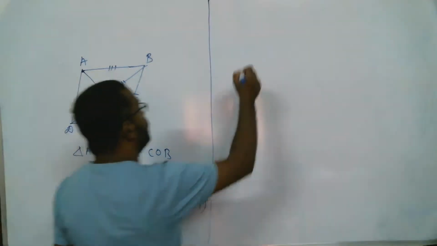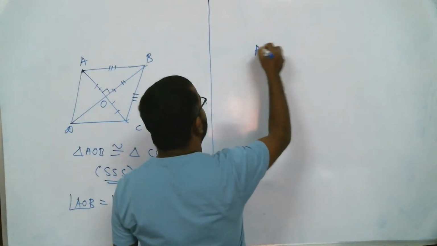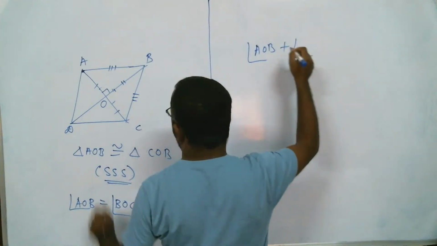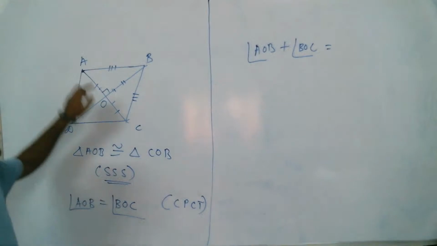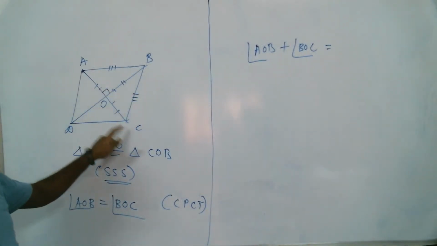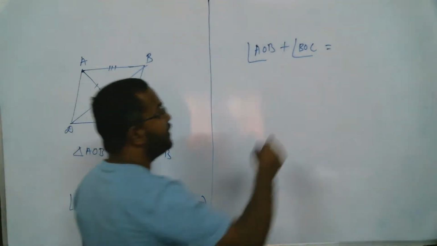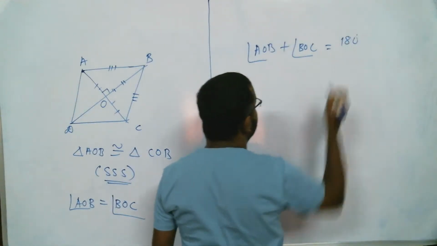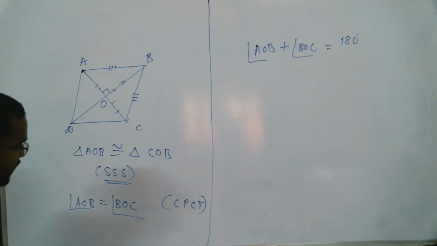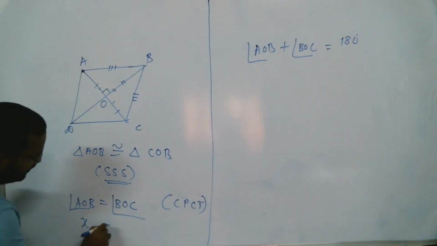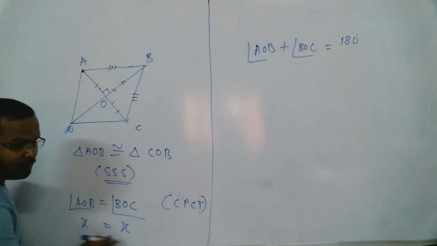Now, when you are adding angle AOB and angle BOC, their sum should be equal to 180 degrees because it is a straight line. We know that AOB and BOC are equal. So if you take AOB as x, then BOC is also x because both are the same.